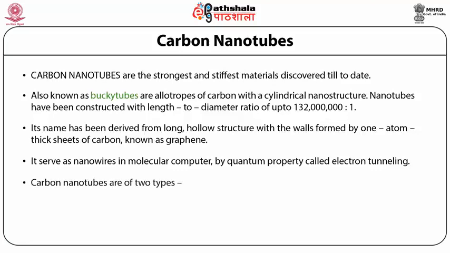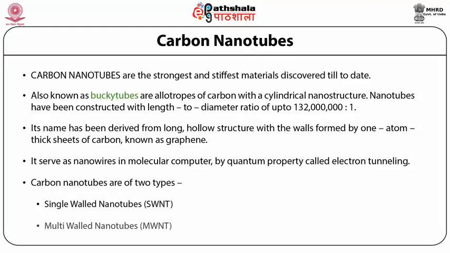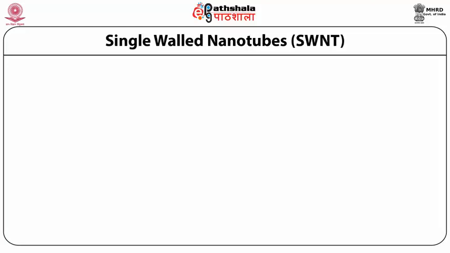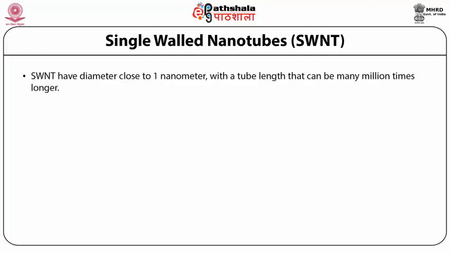The carbon nanotubes are of two types, single walled nanotubes and multi-walled nanotubes. So coming to the single walled nanotubes, the single walled nanotube has a diameter close to 1 nanometer with a tube length that can be many millions of times longer.